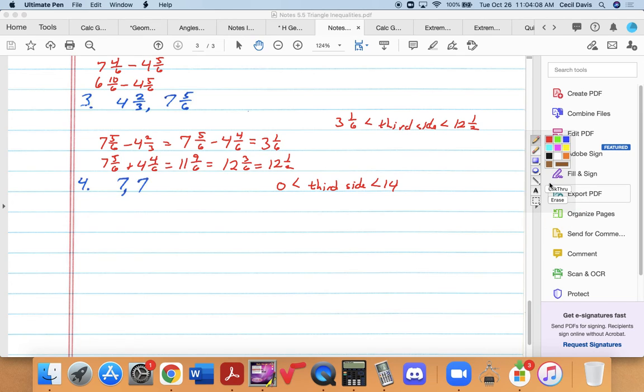Because if you had two sides that were 7, couldn't you make a really, really skinny triangle? And make it like 0.01. Like that? Yeah. That's 7 and that's 7, and this looks like about 0.2. As long as it's more than 0, you would still have a triangle.